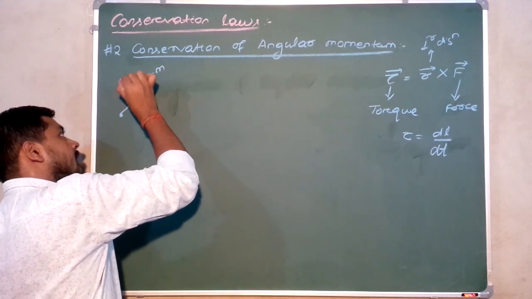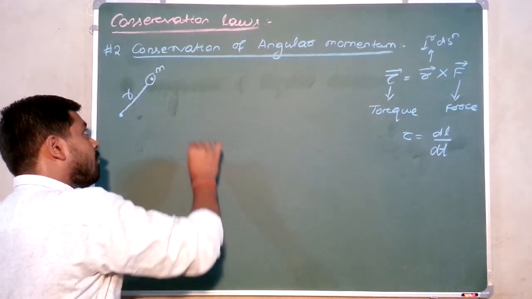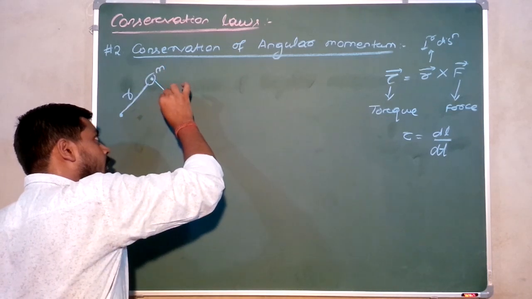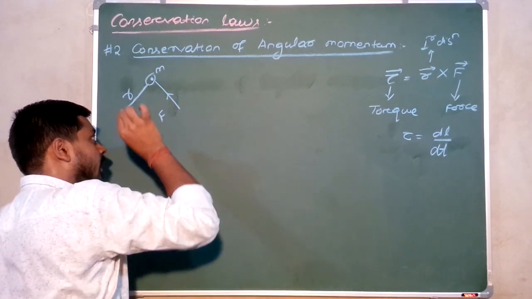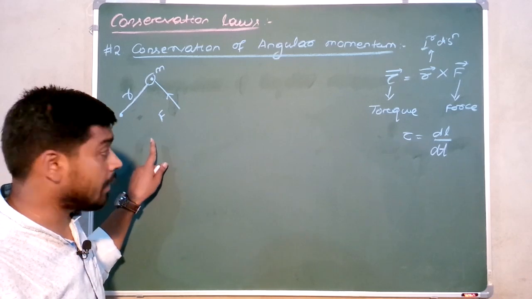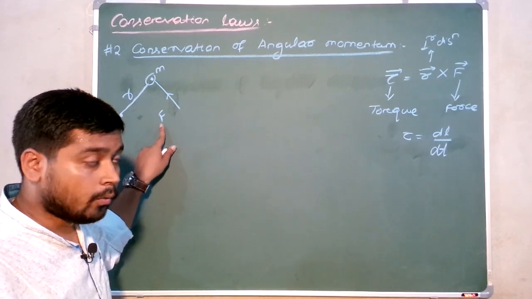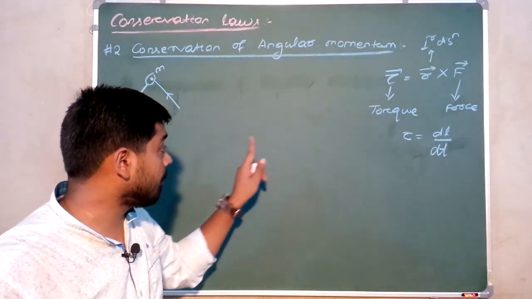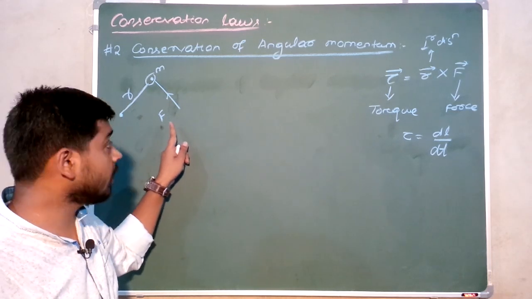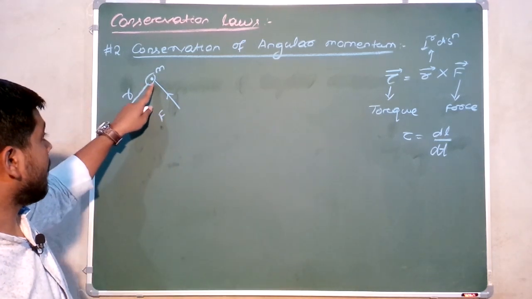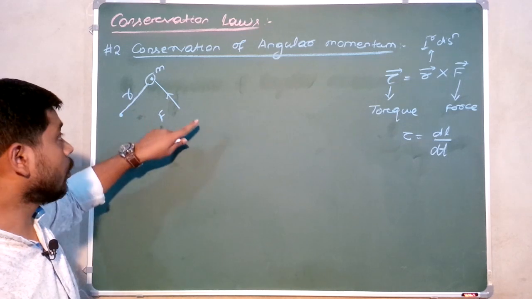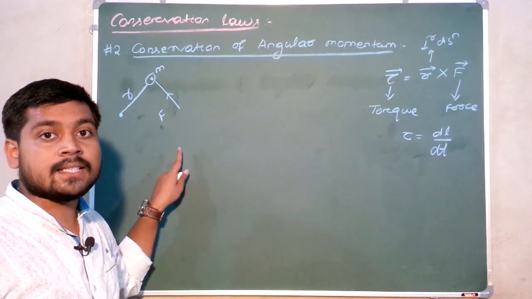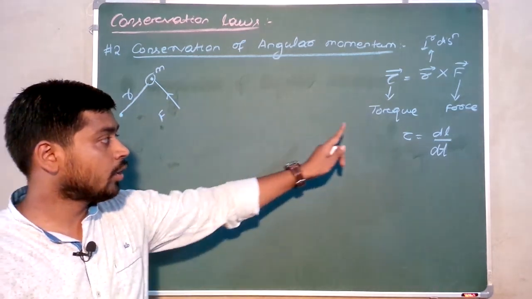That distance is r. If I apply the force F, we apply linear force. But here the body starts moving by creating an angle. So the total system is angular force, that is called torque.